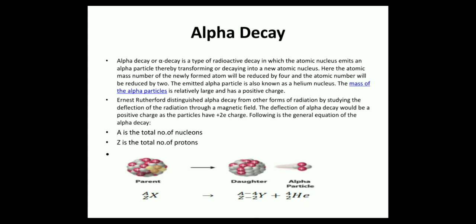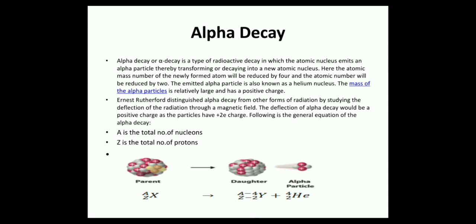Here, the mass number of the newly formed atom will be reduced by 4 and the atomic number will be reduced by 2. The emitted alpha particle is also known as a helium nucleus. The mass of alpha particles is relatively large and has a positive charge.